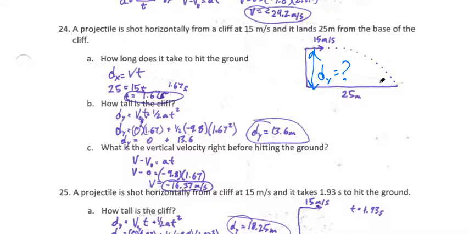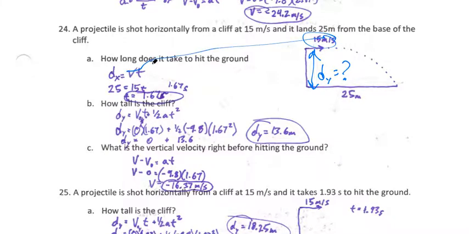But I do know a couple of other things here. I know how far this projectile travels, and I also know the initial horizontal speed that it was launched at, and that that's going to stay the same. So I'm starting in the horizontal direction this time, since I know a whole bunch in the horizontal direction. That leads me to use dx equals vt, because it's distance in the x direction, and I've got my velocity in the x direction.